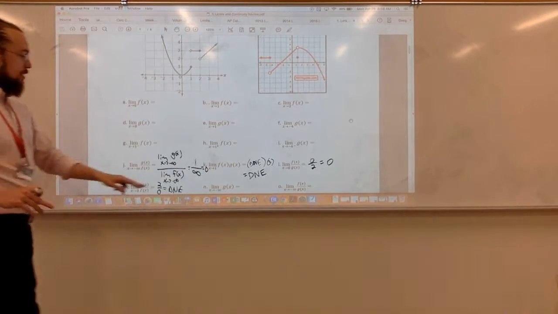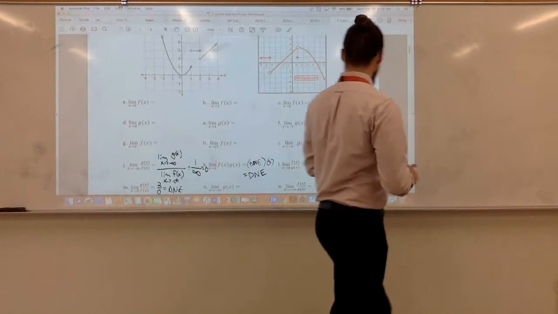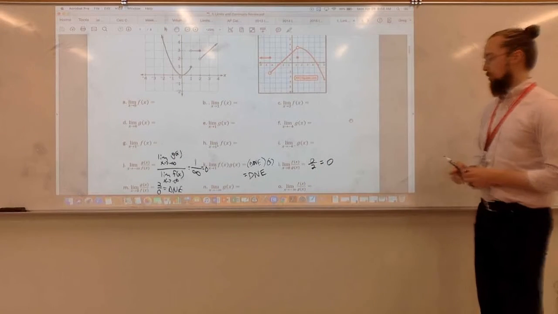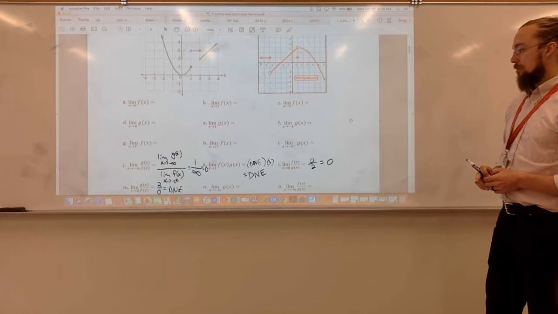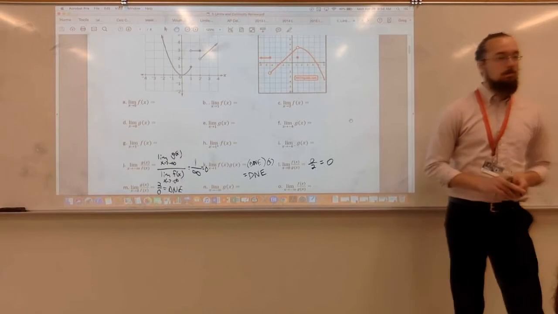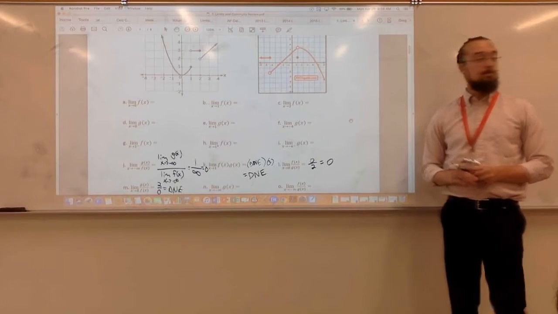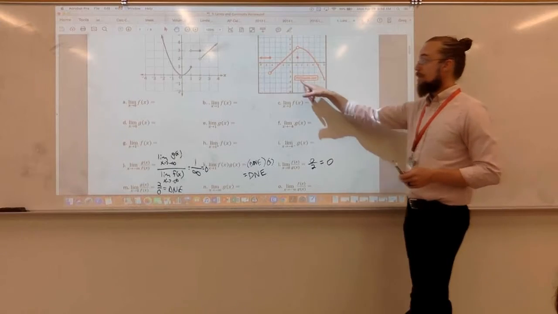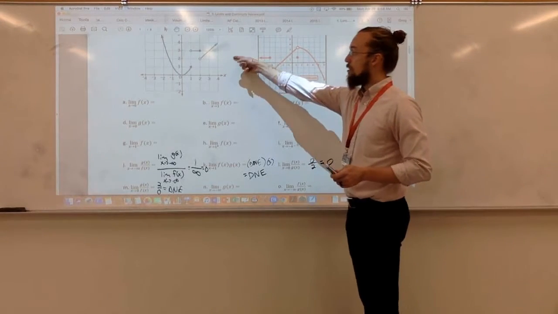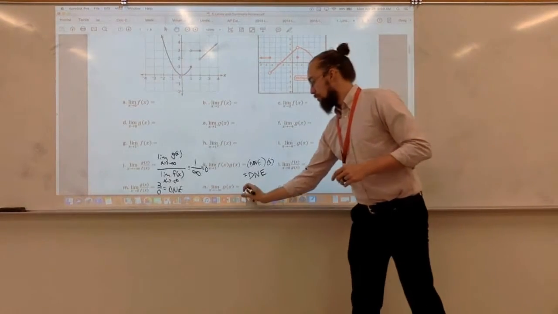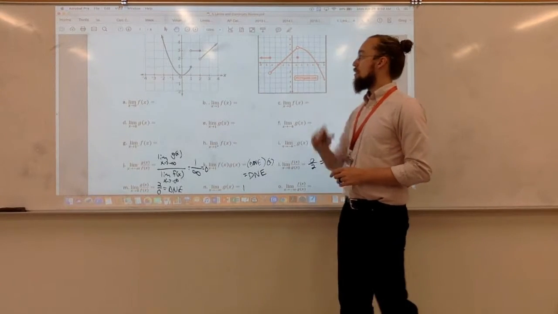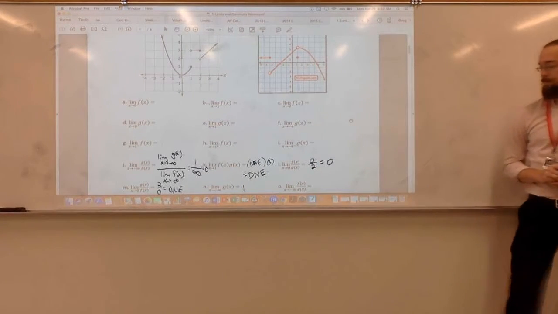Then n, the limit as x approaches negative infinity for g of x. So, yeah, as we go to negative infinity, this function is just staying on y equals 1.